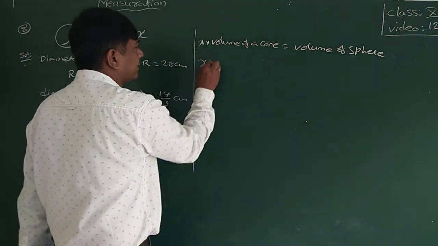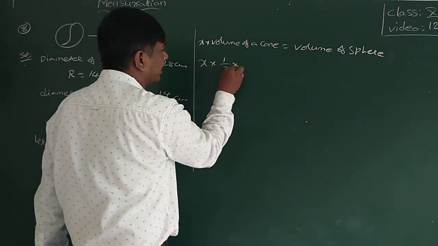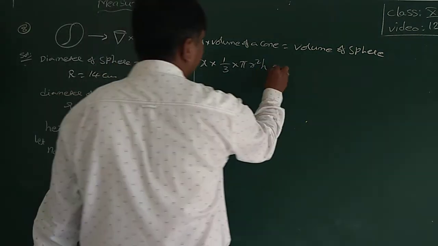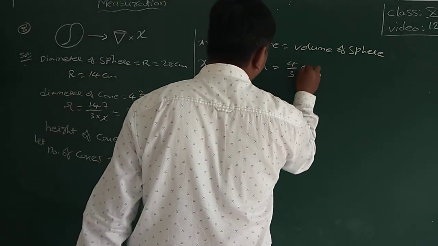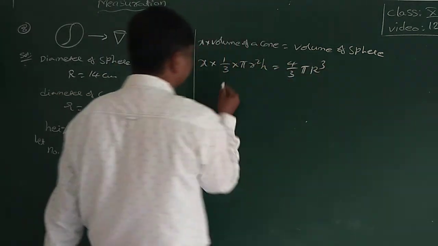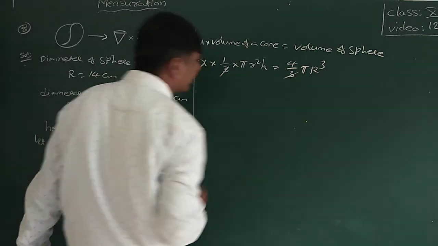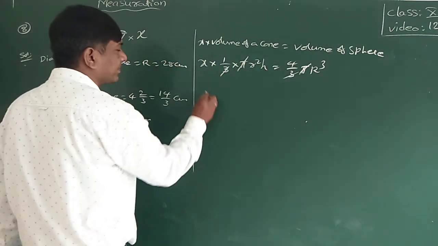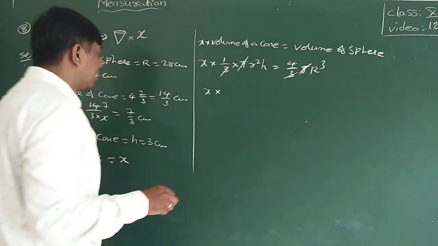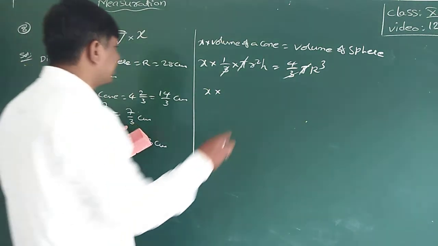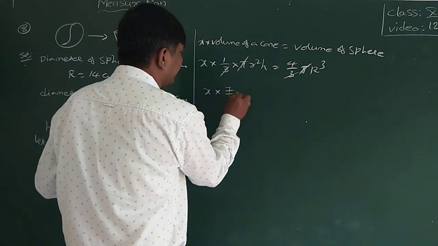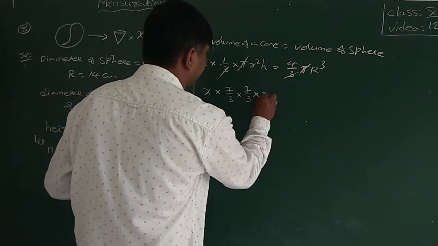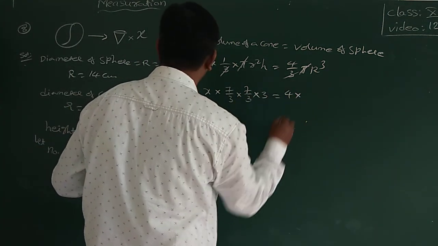So x into the volume of a cone, 1 by 3 pi r square h, is equal to 4 by 3 pi r cube. This 3 we can cancel, and pi also cancels because it is a product only. Now x into r square: 7 by 3 into 7 by 3 into height 3 is equal to 4 into r cube.